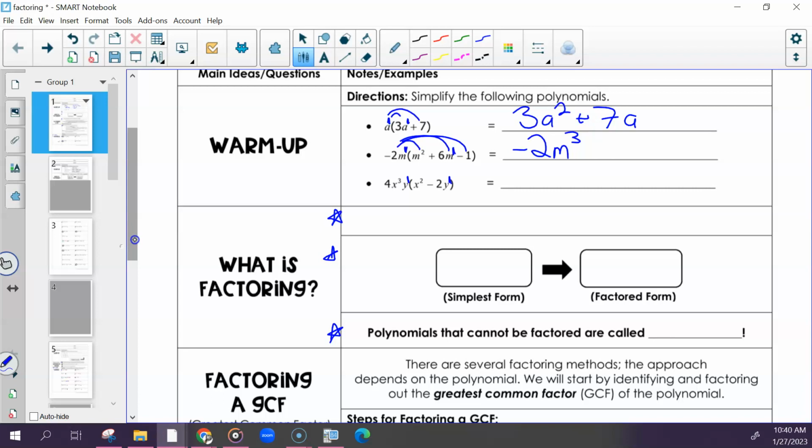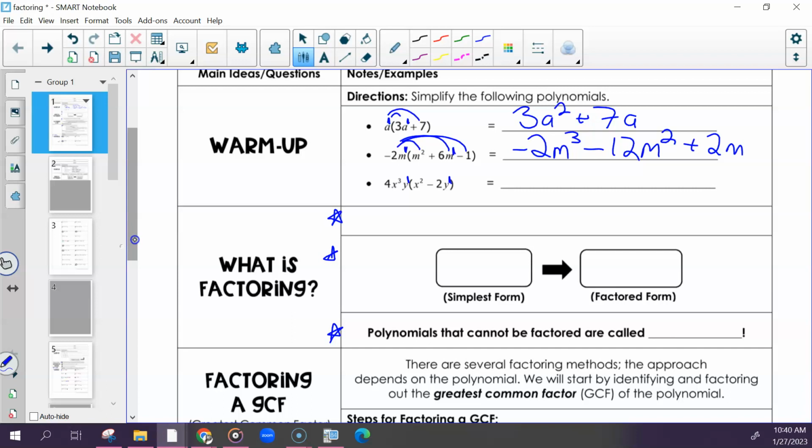Plus 12 and 1. Oh no, 2. Or the positive. M to the what? You're multiplying to the second power. And then the last one would just be plus 2m.